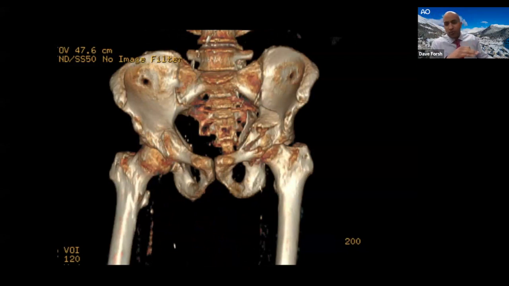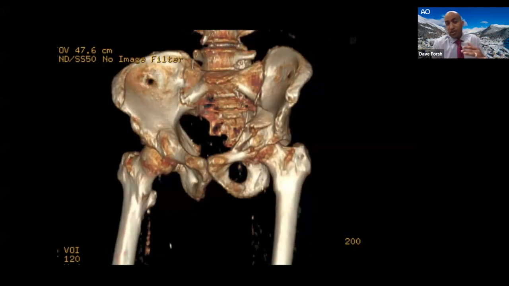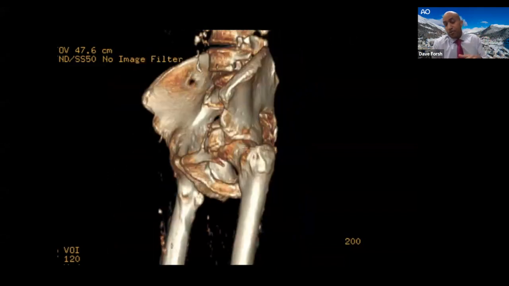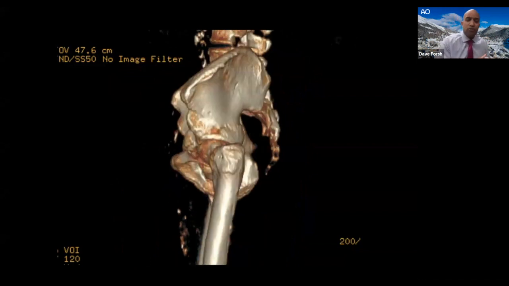So we know it's not a transverse posterior wall. We know it's not a pure transverse. We didn't comment, but you can see at this point there isn't a cranial exit through the iliac wing, which would be associated with an ABC, whether it be a high, intermediate, or low column, or anterior column fracture, but you don't see that. So that leaves us just with a T and an APHT, or anterior posterior hemitransverse.